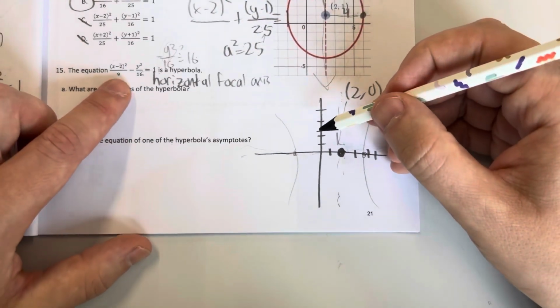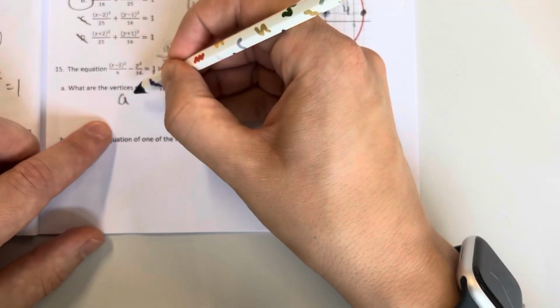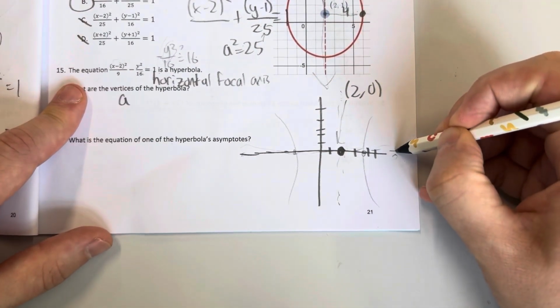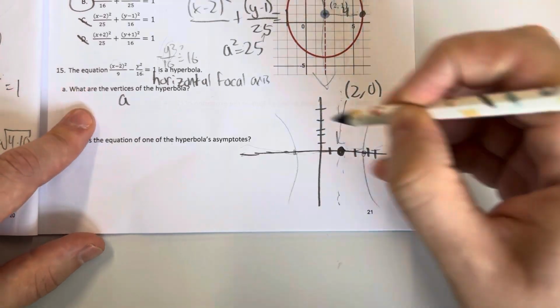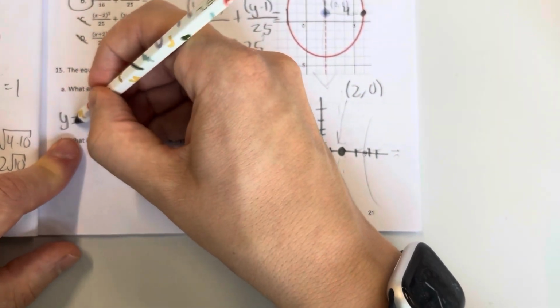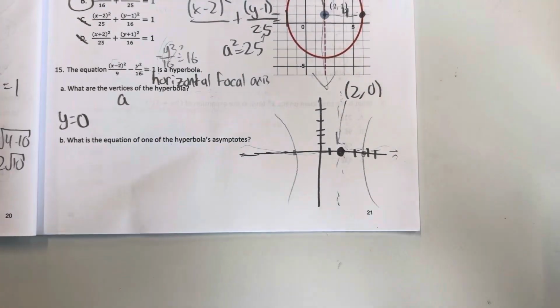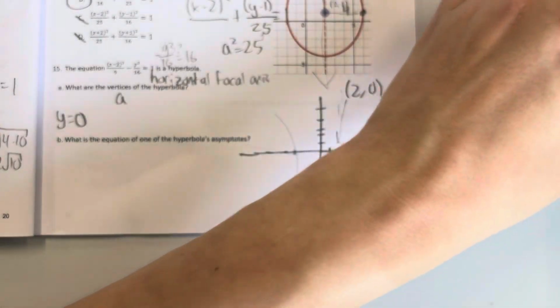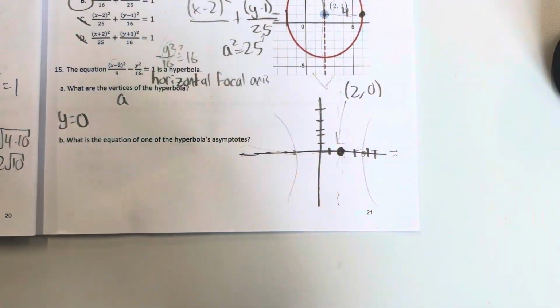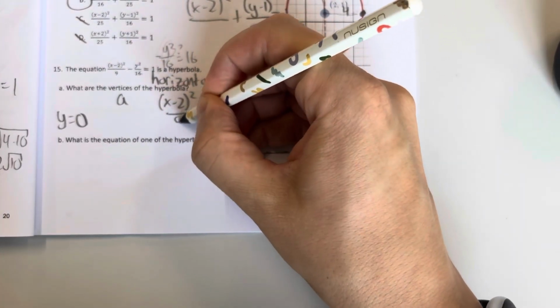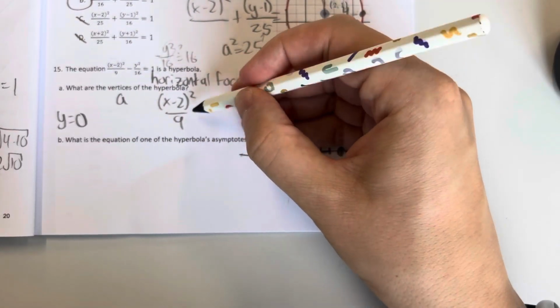In fact, that's a cool thing we could do there. We could find the vertices by finding a, or we could just do this. The vertices have to be on this horizontal axis, so they have to have a y value that's the same as the center. So if we plug in y equals 0 to this equation, we're going to get the x values. So we get x minus 2 squared, 0 squared over 16 equals 1. I've never done it like this, but this is actually so true.